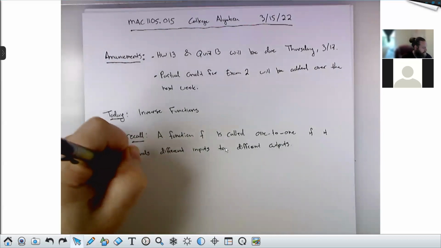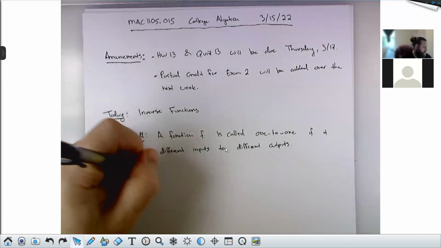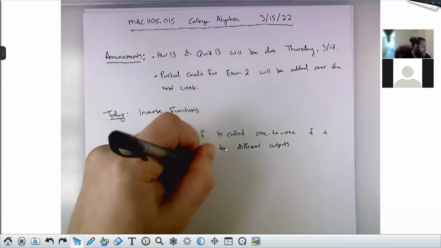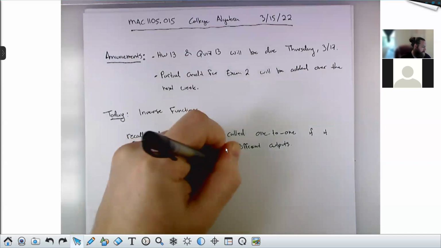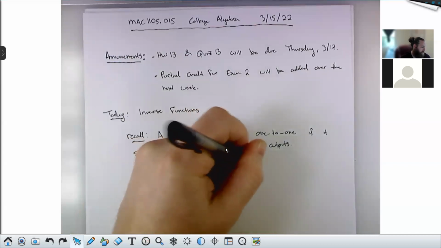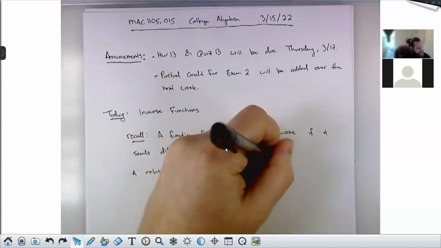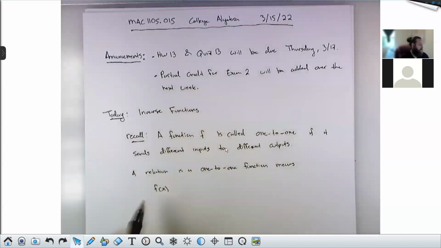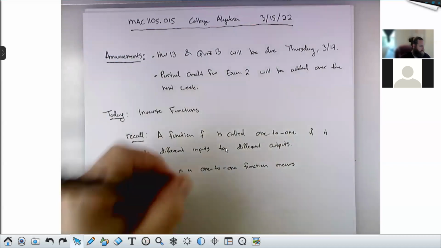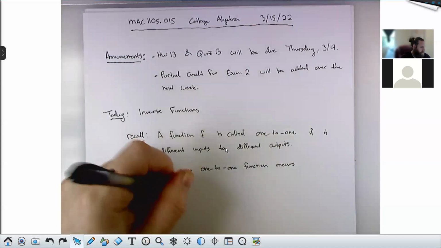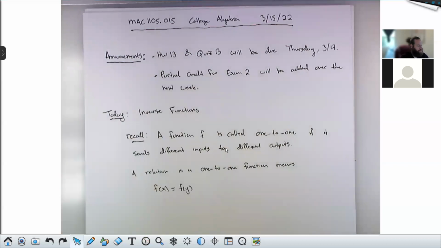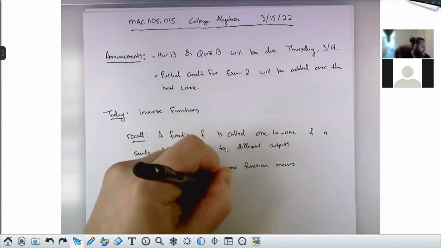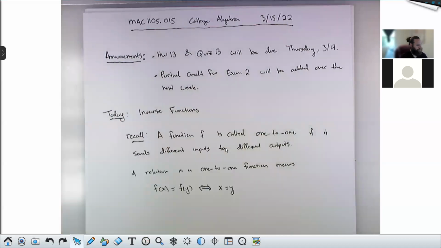So a relation is a one-to-one function means that f of x, the output from the input x, will be equal to f of y, the output from the input y, if and only if x is the same as y.